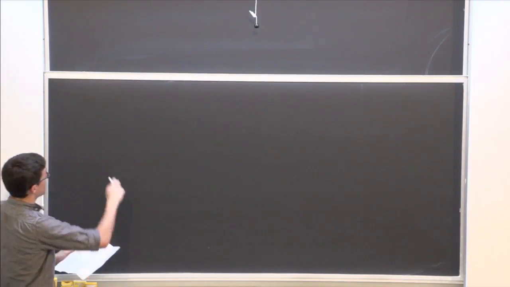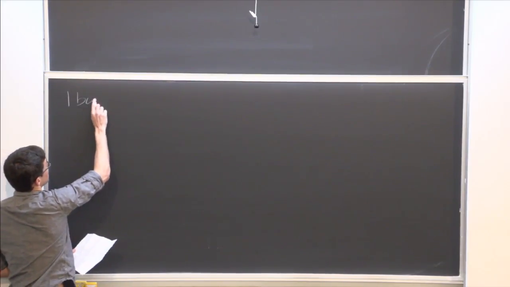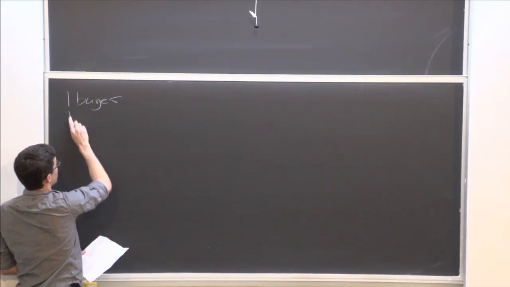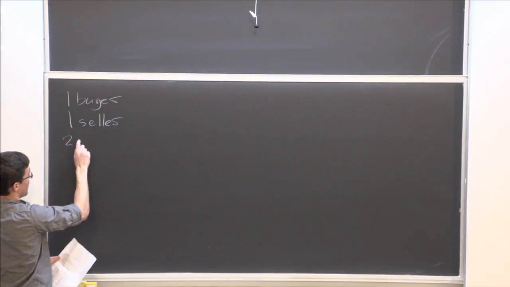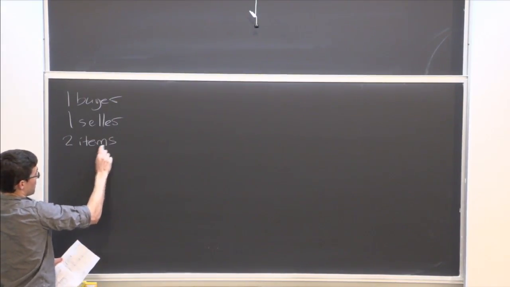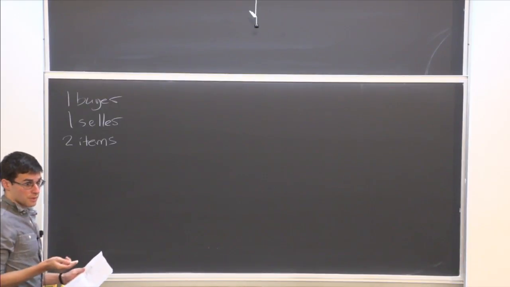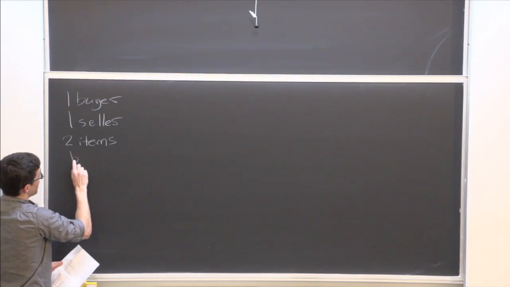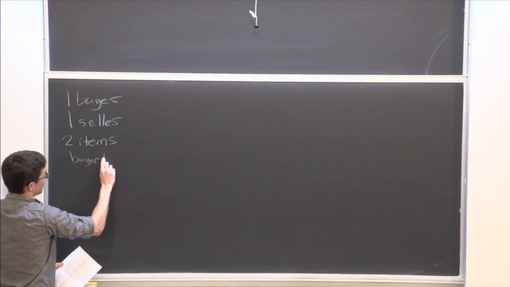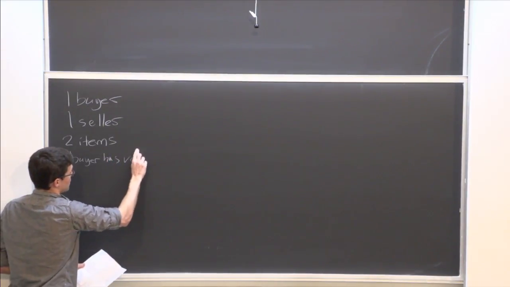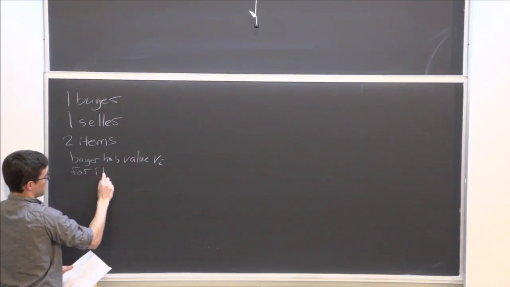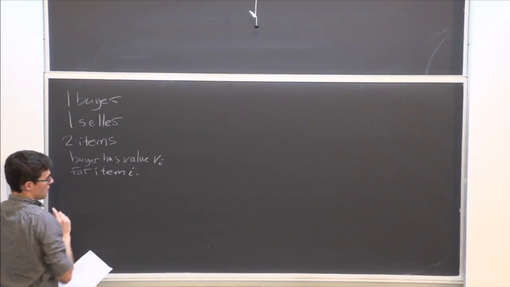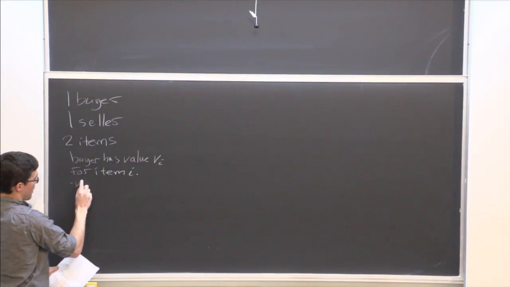So let's say that there's one buyer, one seller, and in all the examples so far there are 2 items for sale, and the buyer has value v_i for item i.